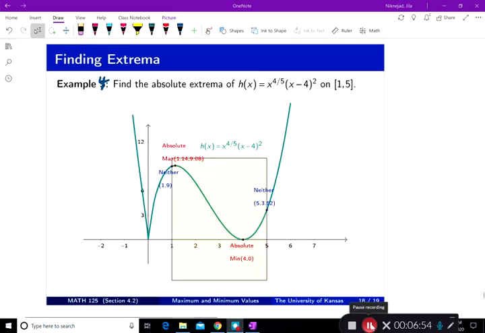Now let's look at this picture. Green is the function h of x equal to x to the power 4/5 times x minus 4 to the power 2. And this yellow rectangle signifies that we're staying within the domain 1 to 5.